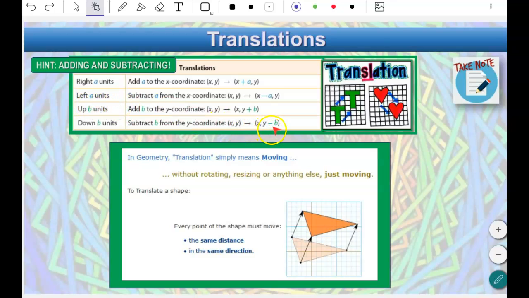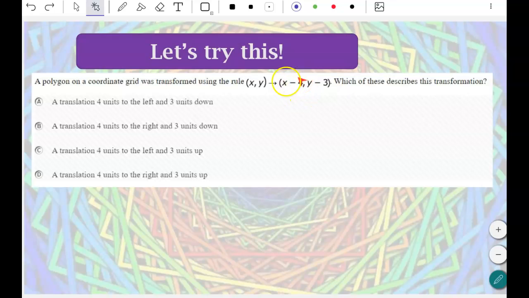If it's minus on the y, it goes down that number of units. So let's look at that again. X minus 4. So let's start with that part. So that means it's going to go 4 units to the left. So first one says a translation 4 units to the left. Okay, that one's good. This one's not.